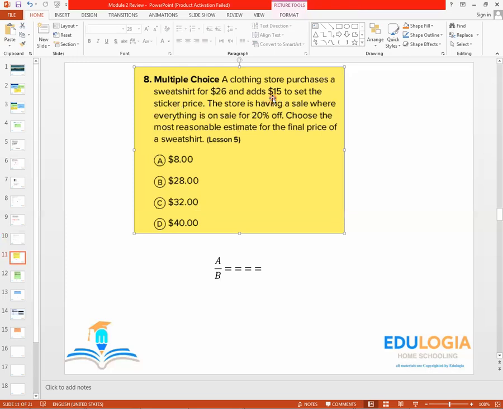The $15 here is the profit, the revenue of the store. This is the price from the factory.